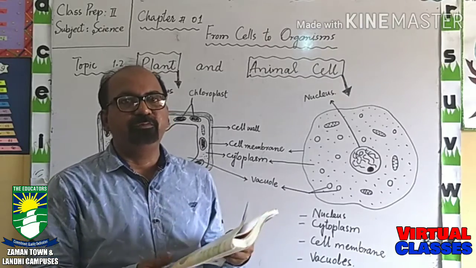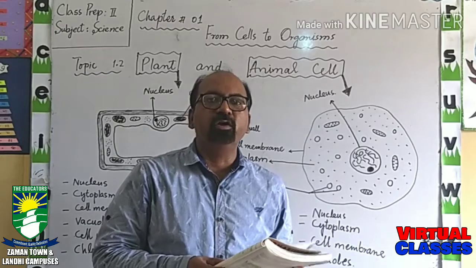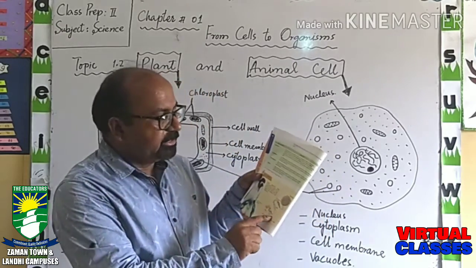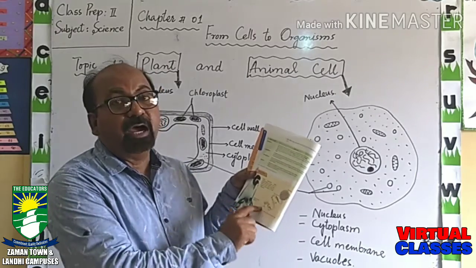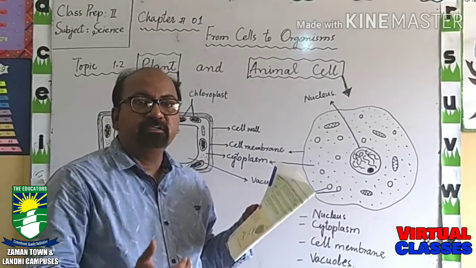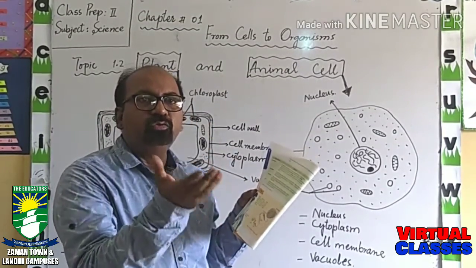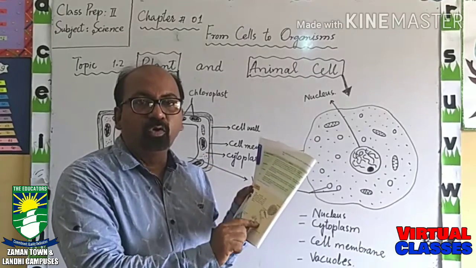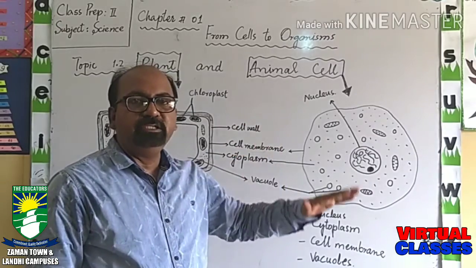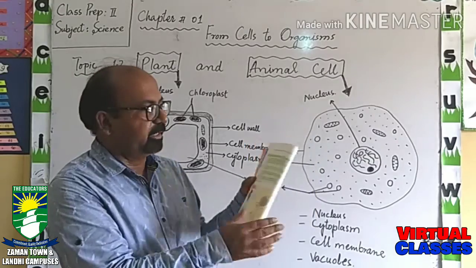Again, I am going to repeat for you: the full form of DNA is deoxyribonucleic acid, and genes are present. Genes are part of chromosomes. Codes are present on the genes, and due to the presence of the codes, they are able to transfer the traits and characteristics from the parent to the offspring.